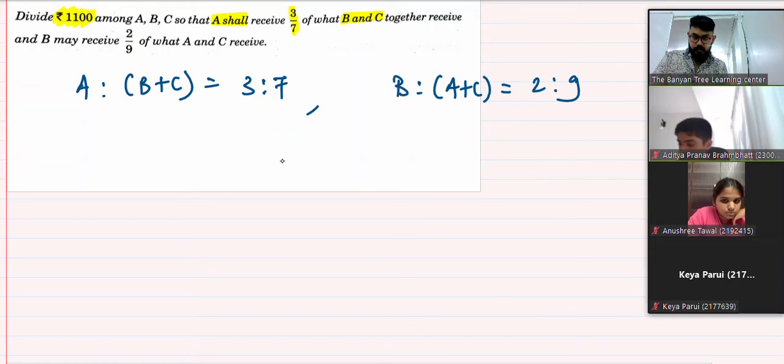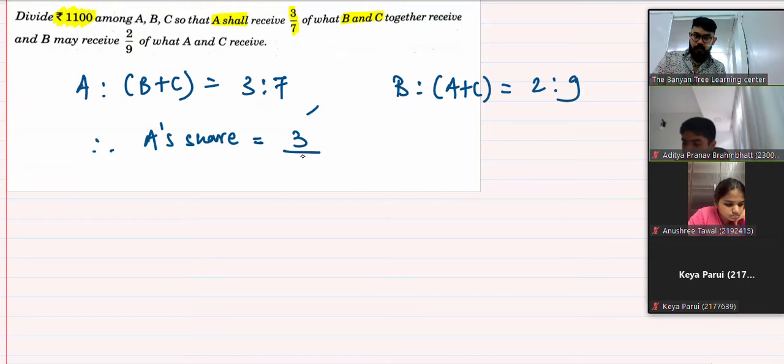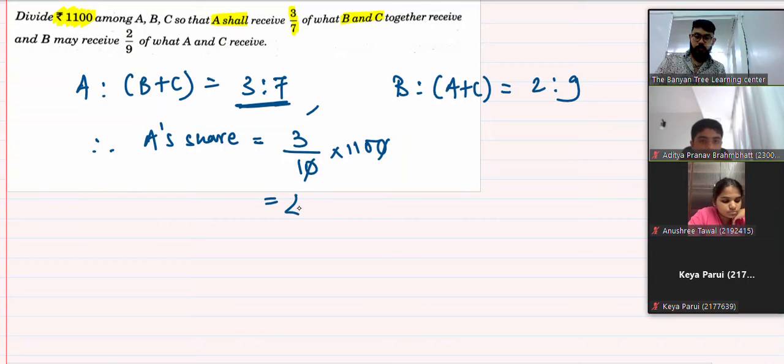Therefore A's share is directly 3 by 10 into 1100. Why 3 by 10? Because the total number of parts is 10 if you compare A and B plus C's parts. So the answer becomes rupees 330.